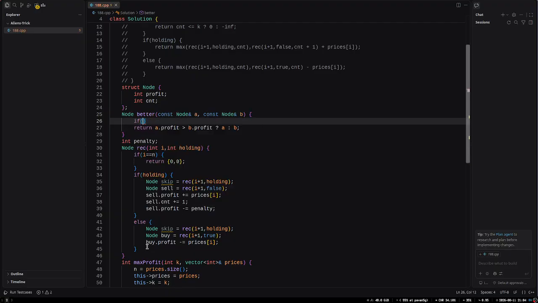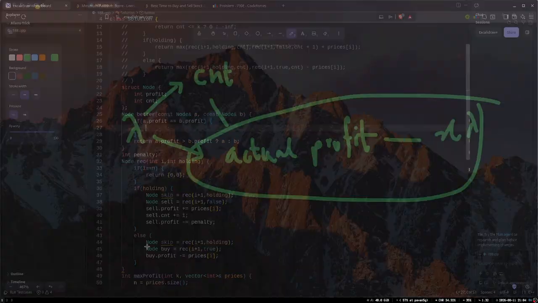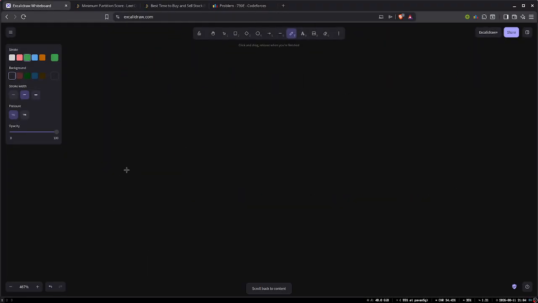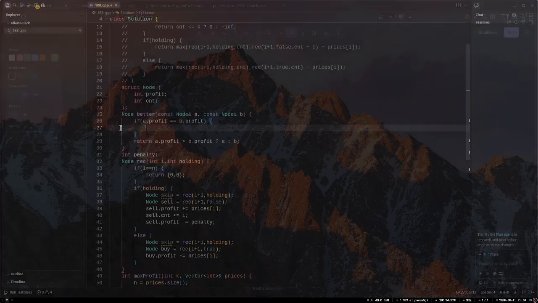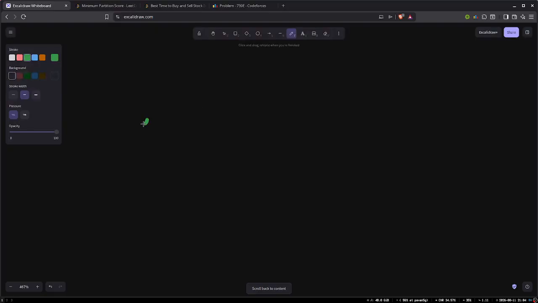What if profits are equal? If both are giving the same profits, then it would depend on the count. Obviously we have only two things to compare, one is profit, other is count. So let's say one of them is giving profit 10 in 2 transactions, one of them is giving profit 10 in 6 transactions. Which is better?